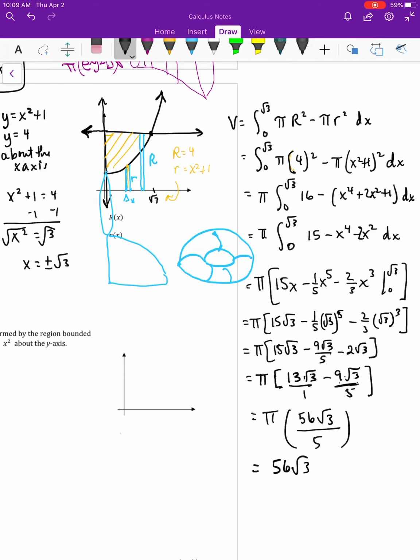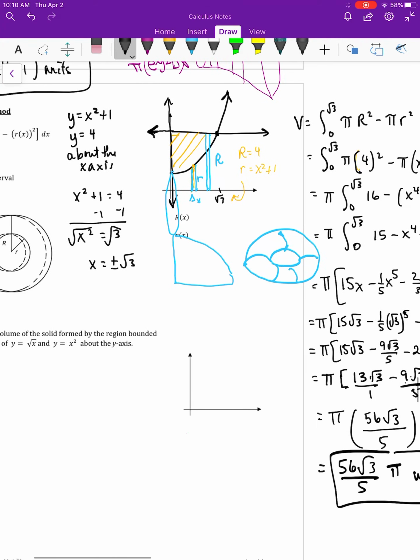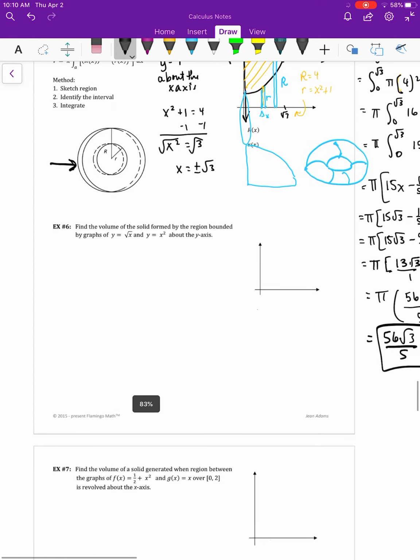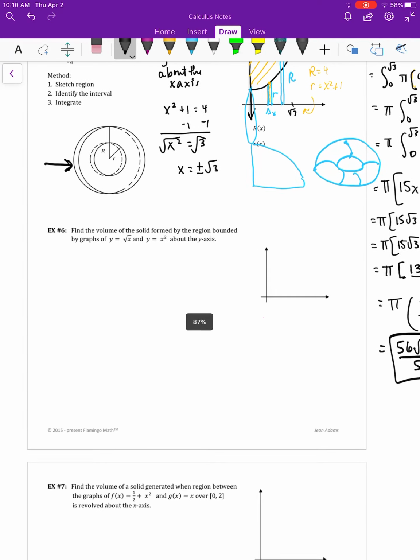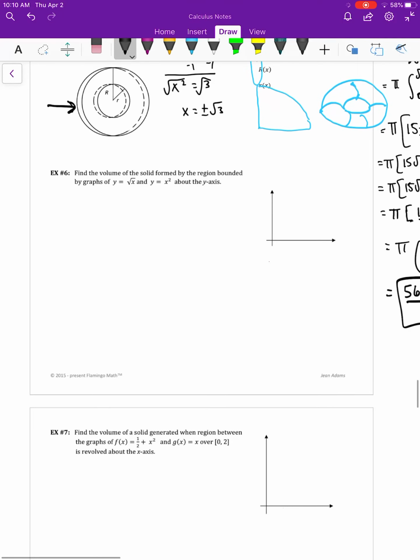So I've got 56 root 3 over 5 pi units cubed. Okay? So again, you're just pi big R squared minus pi little r squared there. And it creates a donut type situation.